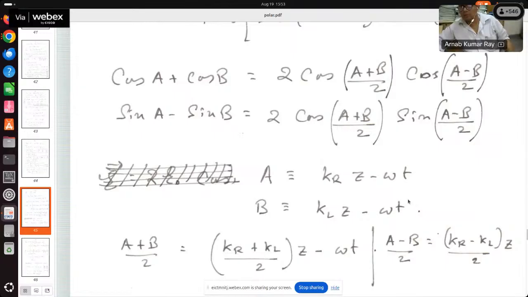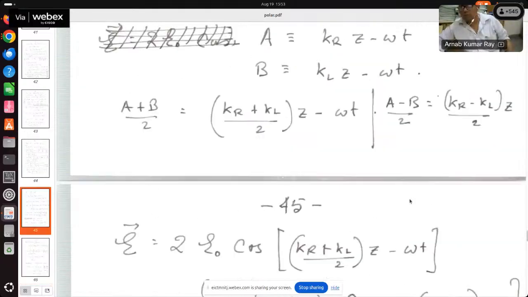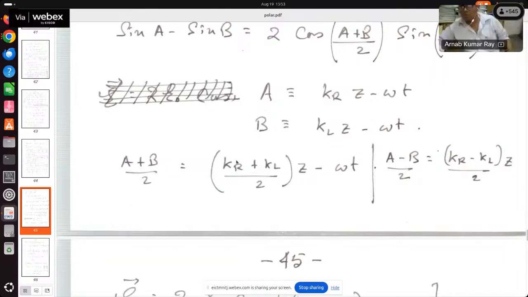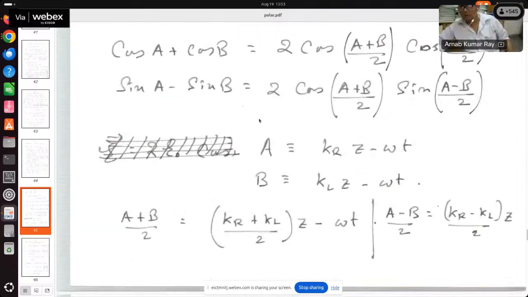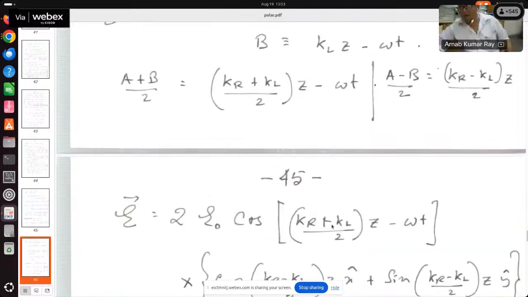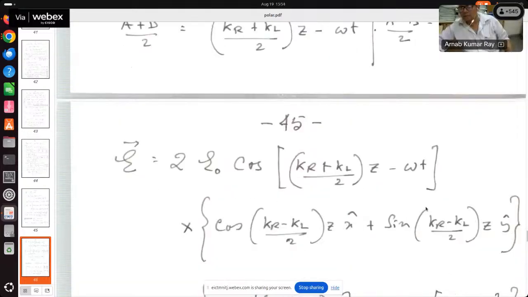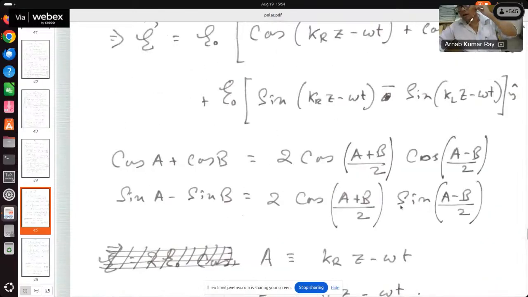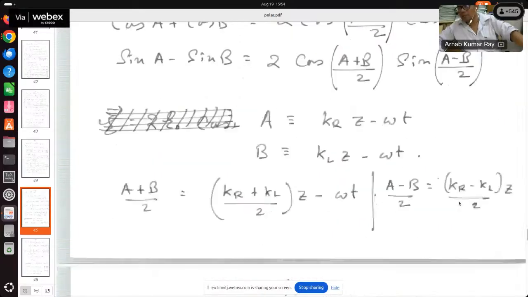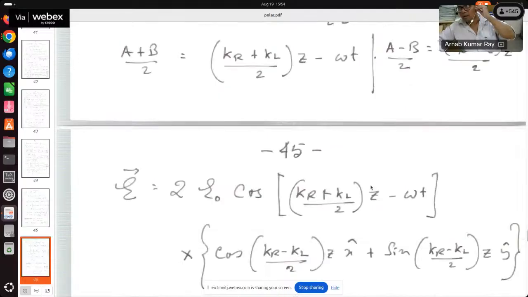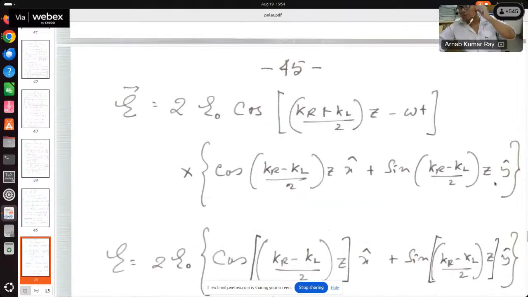So when you put these things together, you will get 2 into E naught times cos of ((kr plus kl) by 2 times z minus omega t), and then notice what will happen to the amplitude part. This part, sine A minus sine B, will be sine of (A minus B) by 2 and cos of (A minus B) by 2.